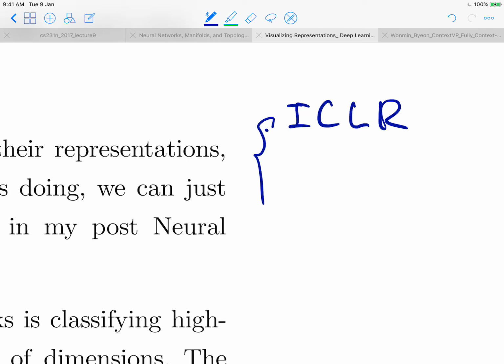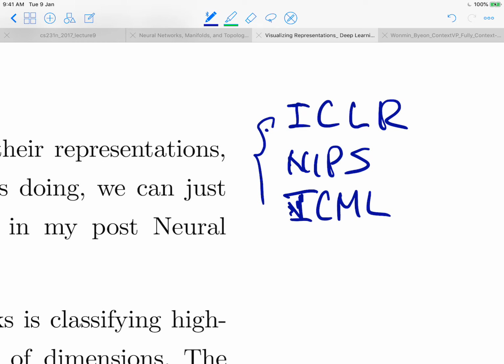But purely focusing on deep learning or machine learning itself, there are three major conferences: ICLR, NIPS, and another one. These are the major ones.